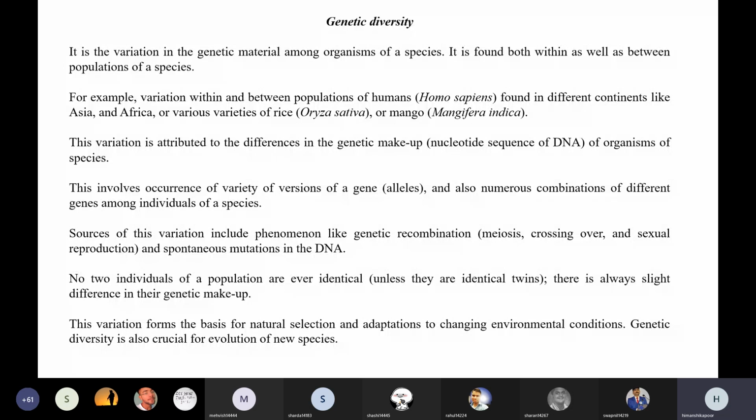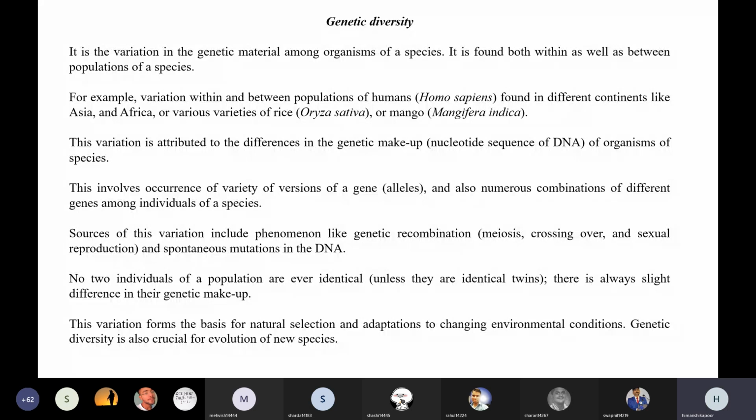Do you remember? One set of genes we have from each of the parents. One set of genes from mother, one set of genes from father. So we have two forms of a single gene, be it hair color, eye color, height, everything is governed by the expression of the genes.